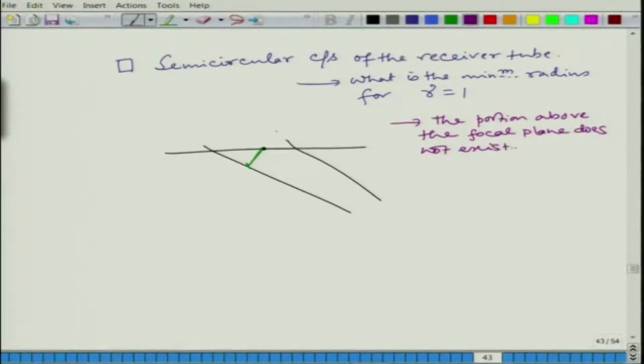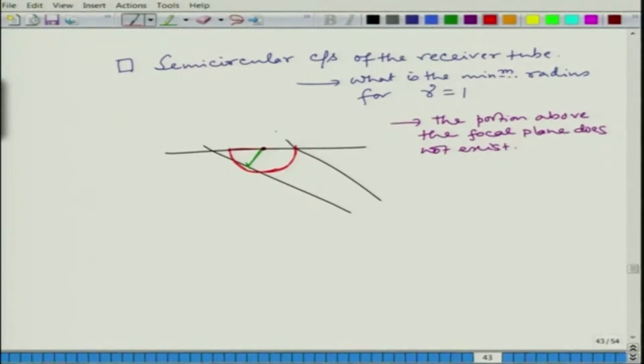So, what we need to have is that the minimum radius would be the shorter side, which will anyway intersect the longer side edge of the cone.